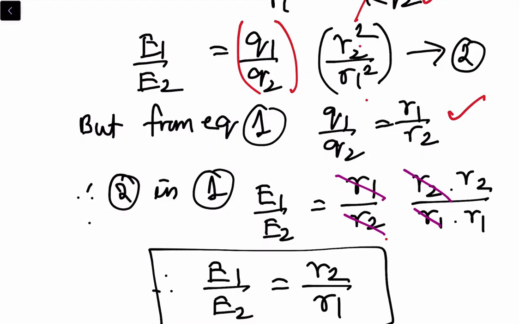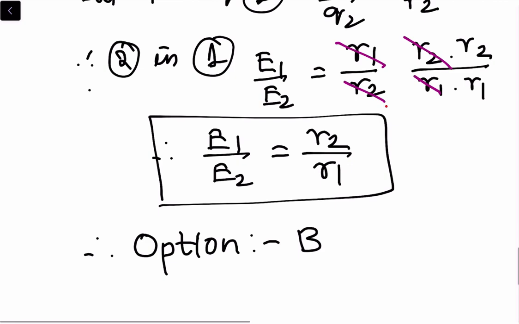So cancel out R1 and R1, and R2 and R2, in the numerator and denominator. In the numerator you have one R2, in the denominator you have one R1. So finally the answer is E1 by E2 is equal to R2 divided by R1.